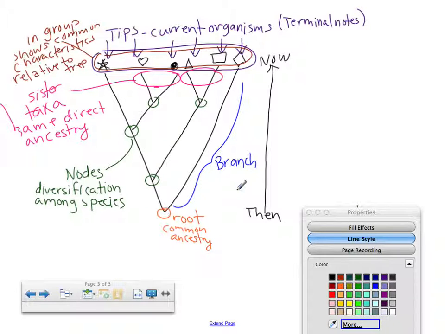This one is not connected. It doesn't really have a commonality with all of the other ones except for the root. So any one of them that looks like this, and this is why we color code it, because you can see this gets kind of tricky, but this will be considered the outgroup. It has a common main ancestry.